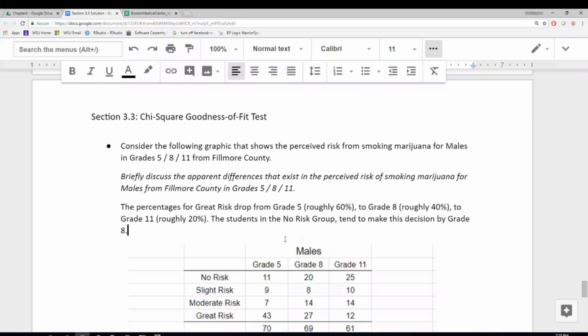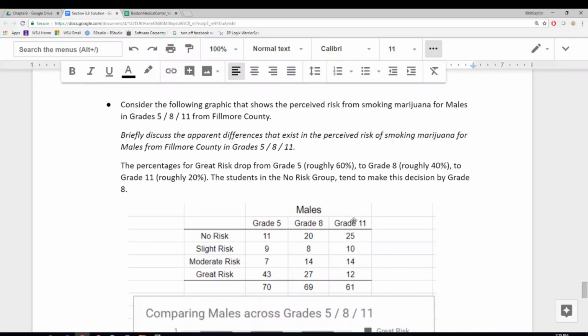So for the most part, there's a big change between grade 5 and grade 8 in those perceptions on that lower end. So if you're going to have a conversation with students about the potential harmful effects of marijuana, at least for boys, we should be doing that before grade 8. Catch them before they fall into that no-risk group.